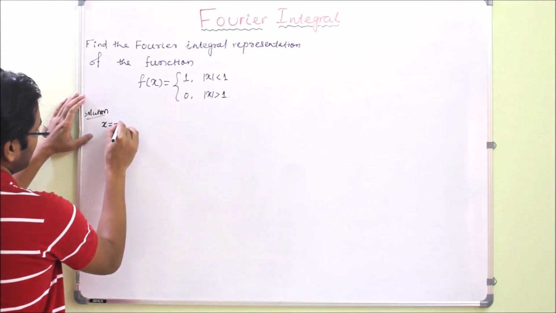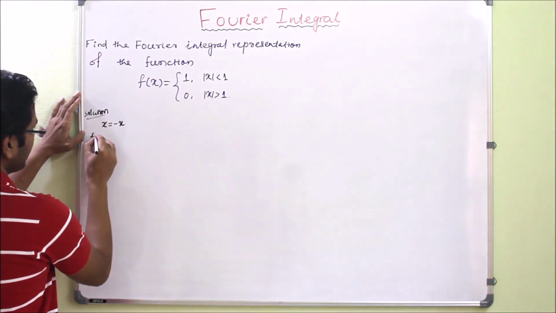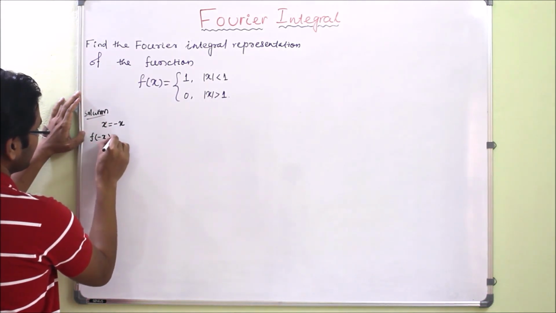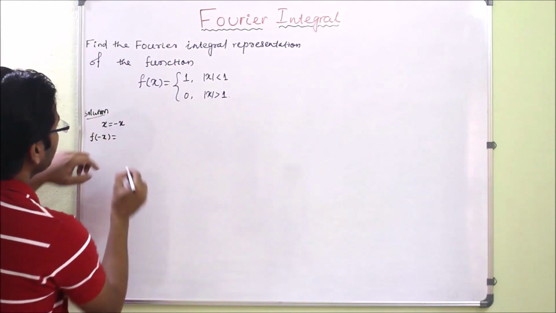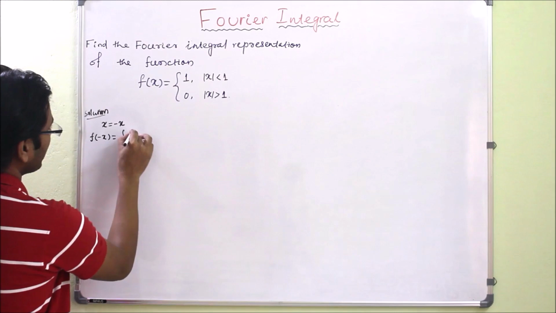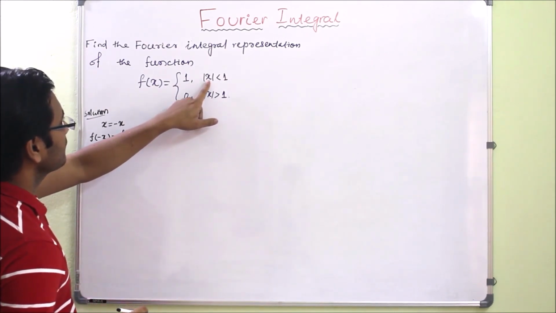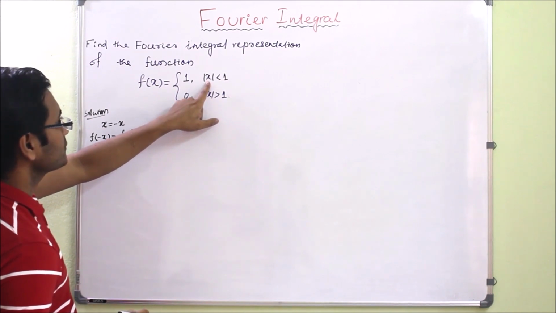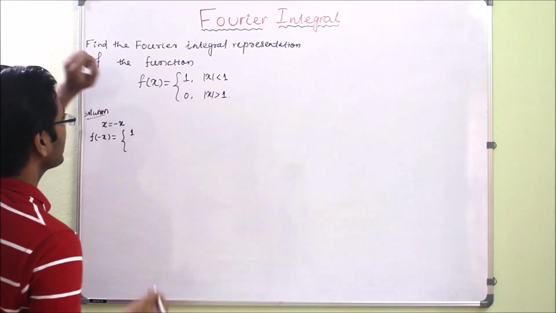Put x equal to minus x in the function. Then f of minus x will be 1, because if I take minus x in place of x, it is the same thing: mod x less than 1 gives 1.